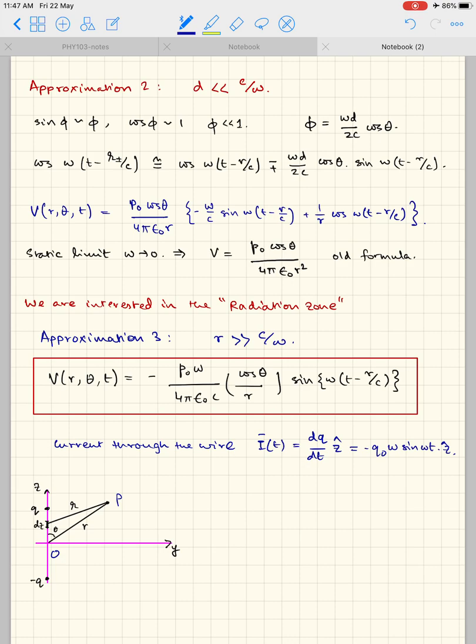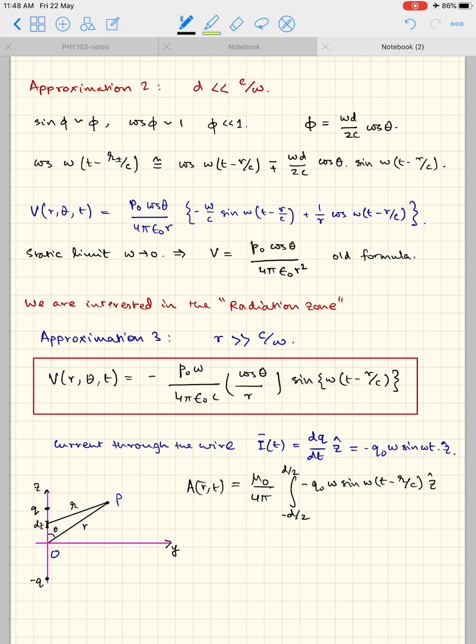You need to look at a small line element dz on the z-axis, find out what the field there is, and integrate this from minus d over 2 to plus d over 2 to get the expression for A. So the expression for A of r, t is mu naught over 4 pi integral from minus d over 2 to d over 2 of minus q naught omega sine of omega t minus curly r over c.